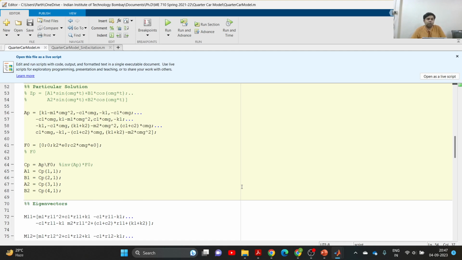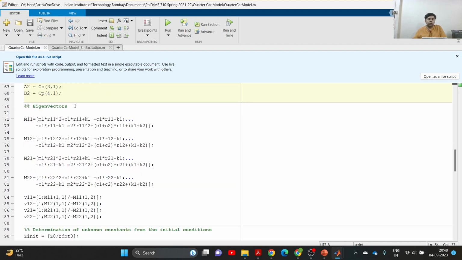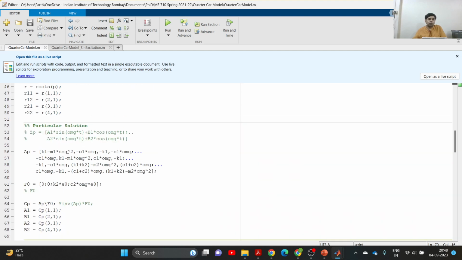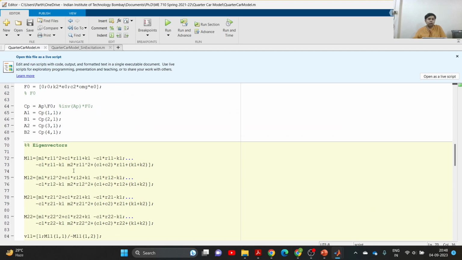That we can use to solve for the coefficients a1, a2, b1, b2. So this is the part of the code where we calculate a1, b1, a2, b2, and then in this part we calculate the eigenvectors in terms of the roots r11, r12, r21 and r22.